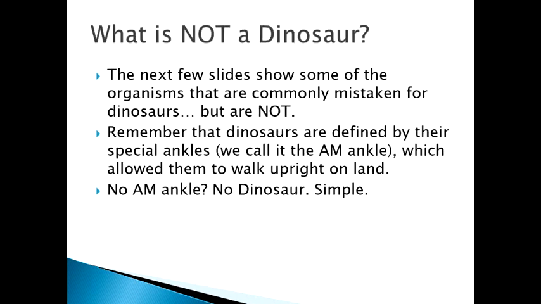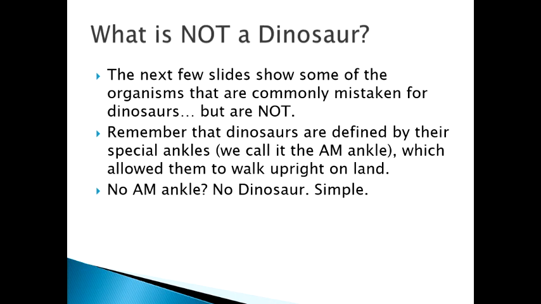Okay, the upright posture is pretty important, and that actually helps us talk about things that are not dinosaurs. So over the next few minutes, I'll quickly go over a few things that people have typically mistaken for dinosaurs. Some of you might still think this is so, but all of them are lacking a very special thing, a set of bones in the ankles. It's called the AM ankle, or advanced mesotarsal ankle.